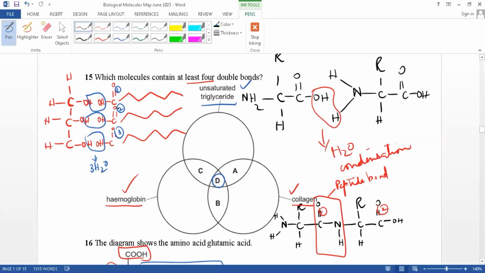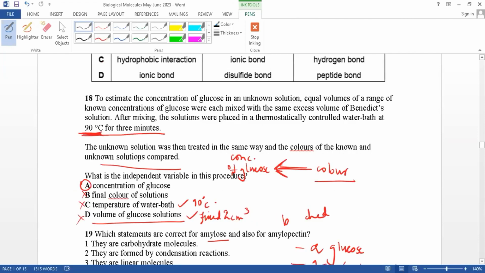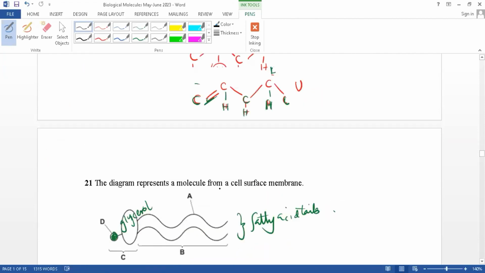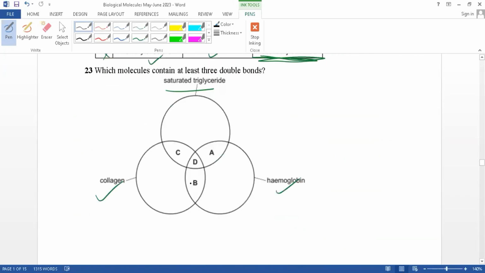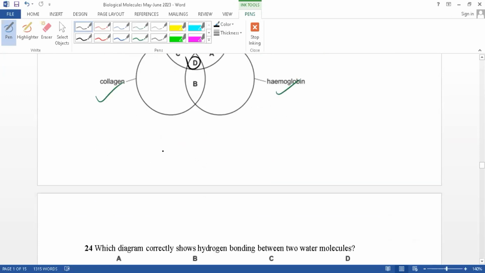So there will be only these 3 double bonds, 1, 2, 3 in the carboxylic head. So at least 3, when they are asking, it means the saturated triglyceride also fulfills the demand of 3 double bonds. All these have for sure more than 3 double bonds, but this also has 3 double bonds, so D.